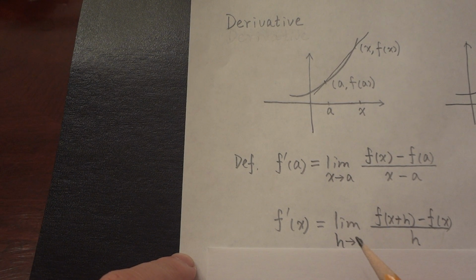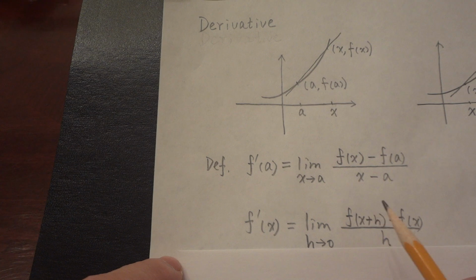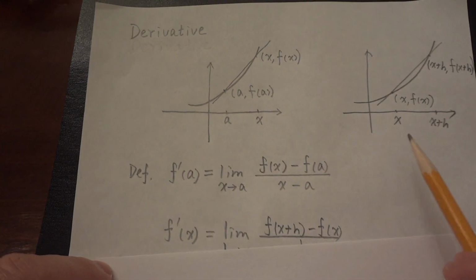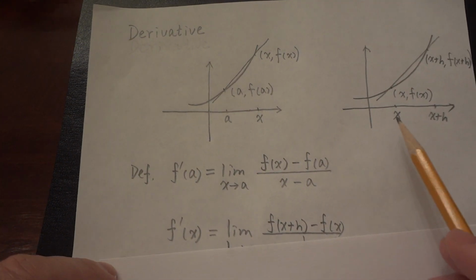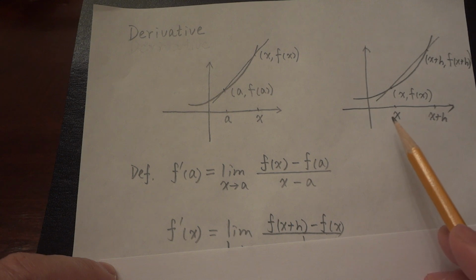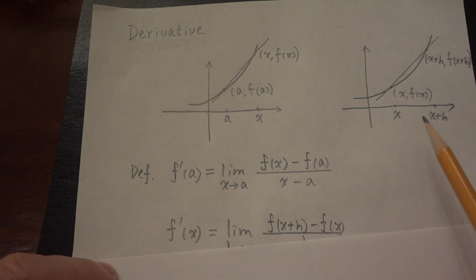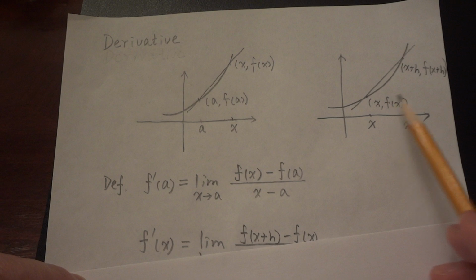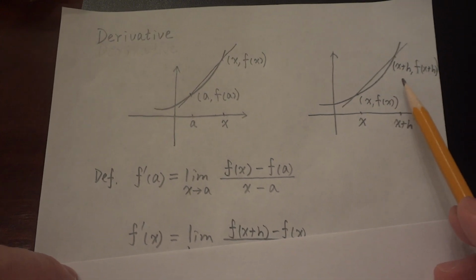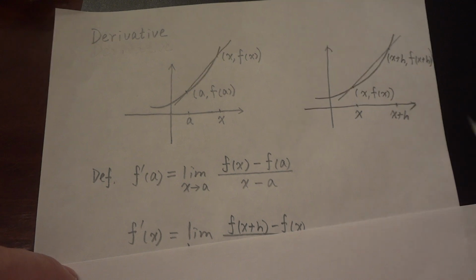What people usually do is to think about the following picture. The original point is a, now we replace this by x, and the nearby point we denote by x plus h, where h is how much the x value changes. And as before, we have the point (x plus h, f(x plus h)).